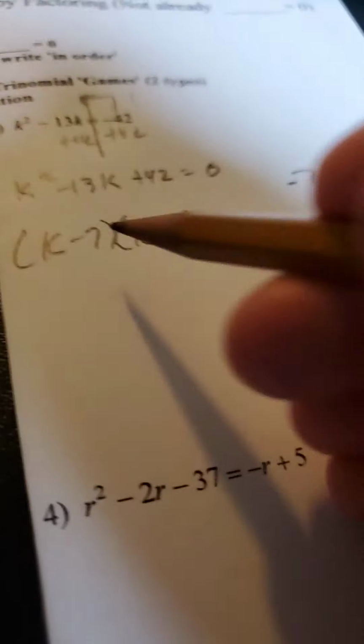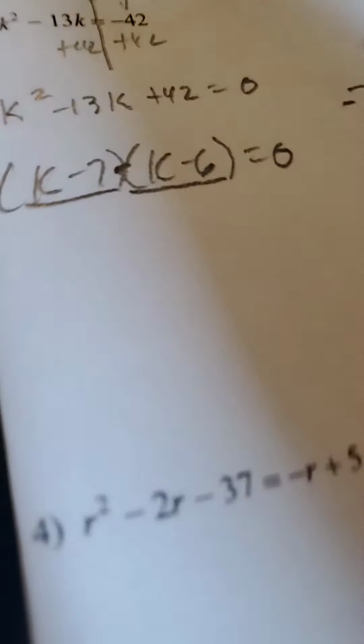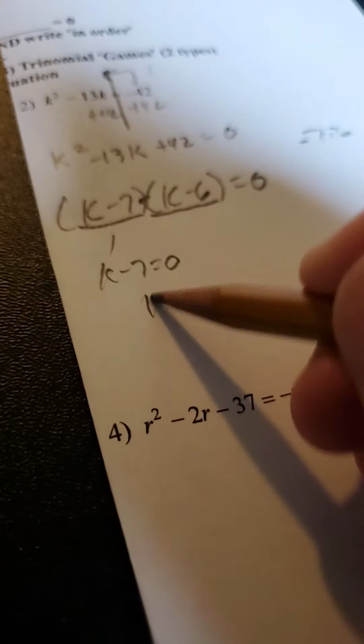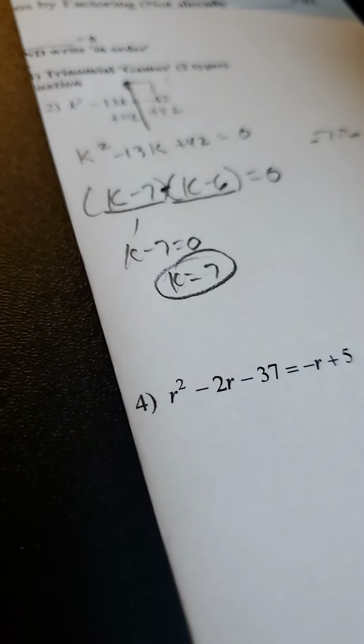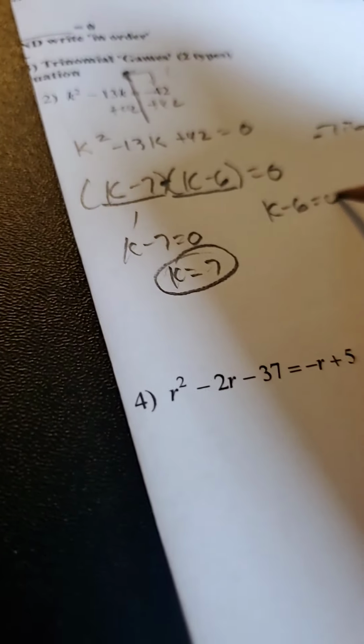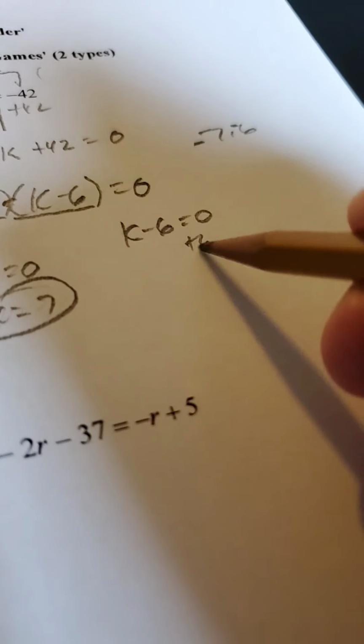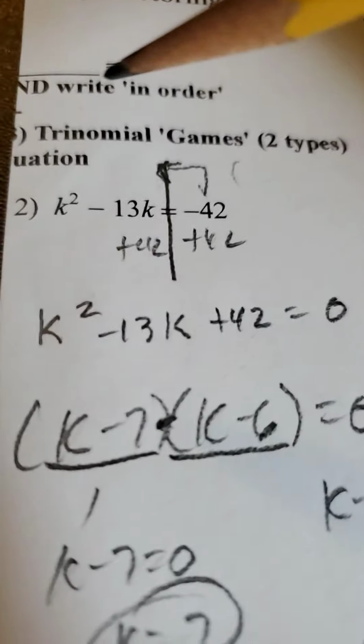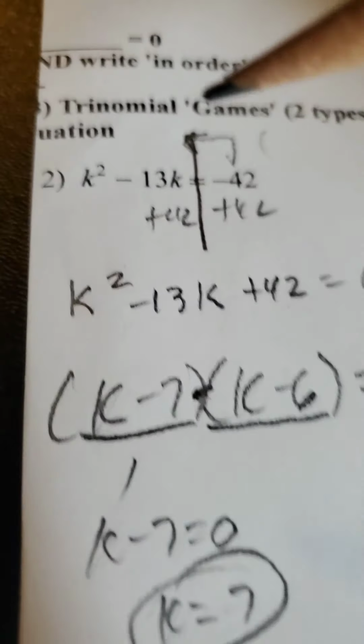And now that I have a multiplication problem of something times something, I find out what does it take for k minus 7 to equal 0? Positive 7. What does it take for k minus 6 to equal 0? And it's positive 6. Remember to go back and substitute if you're interested to make sure it's right.